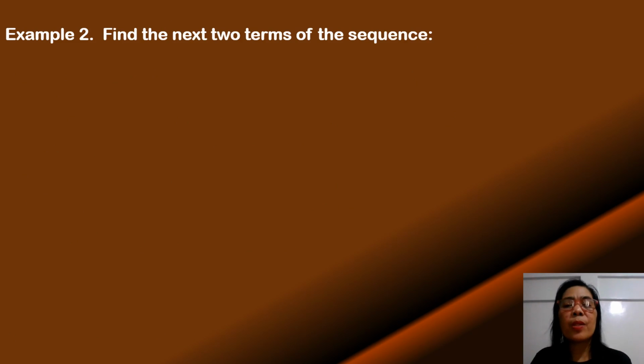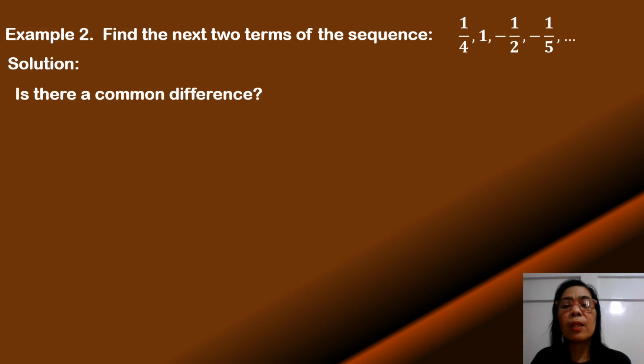Let us have another example. Find the next two terms of the sequence 1/4, 1, -1/2, -1/5, and so on. So we usually start our solution with finding out if successive terms have equal differences.